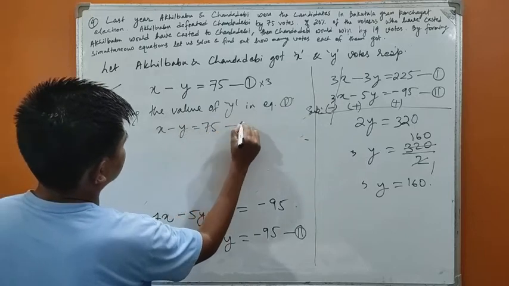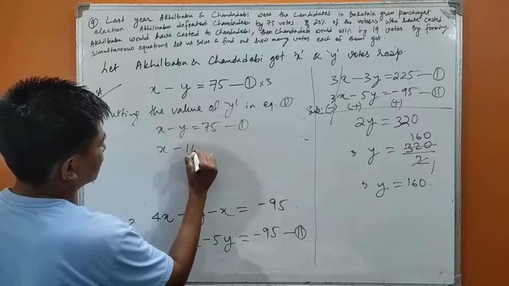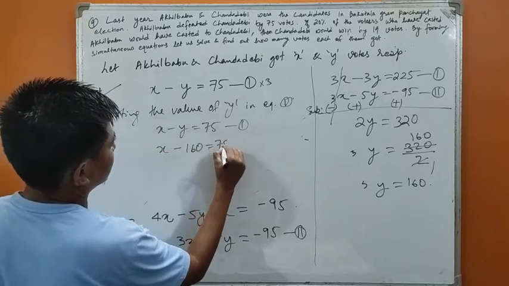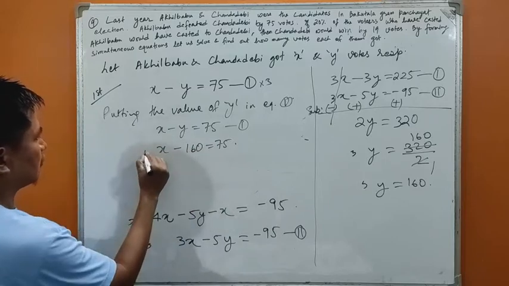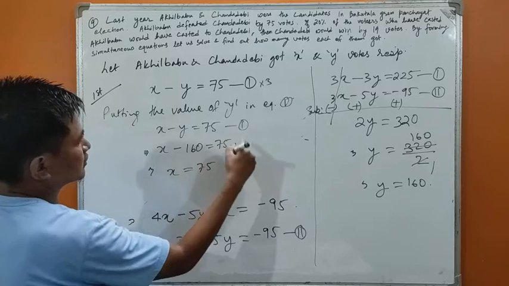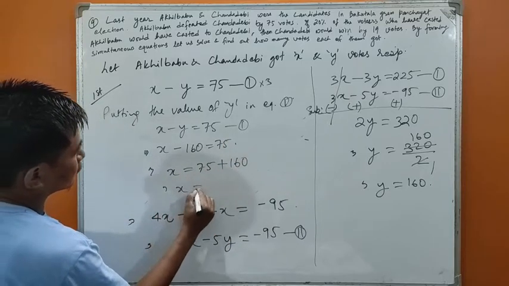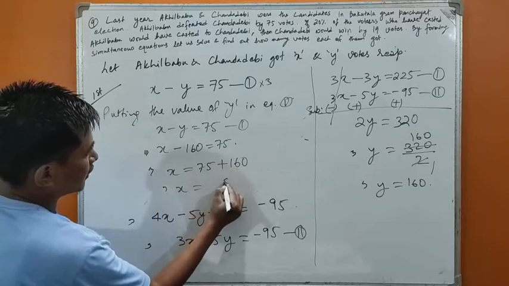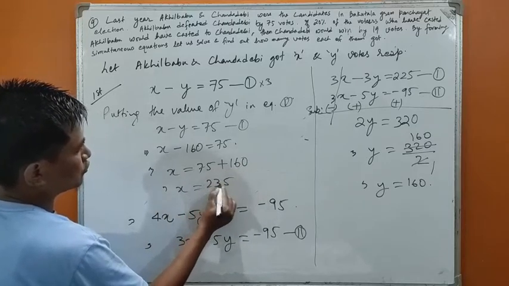This is equation 1. So we have X minus 160 equals 75. Or X equals 75 plus 160, or X equals 0 plus 5 is 5, 7 plus 6 is 13, 2 plus 1 is 3.